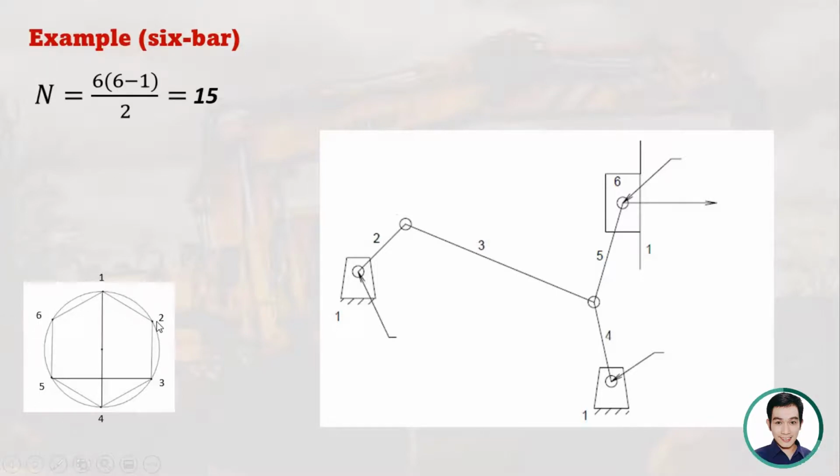And then we already drew here the known ones, which is the 1, 2. It's already connected, as you can see. Then we have the 2, 3. It's also connected already. Then for this point here, because it's a 3-link joint, if you can remember, it has a degree of freedom of 2 because it's minus 1 always.